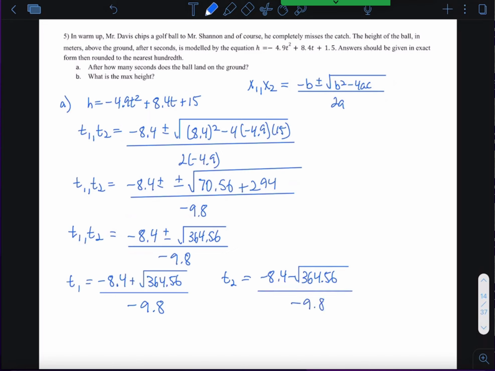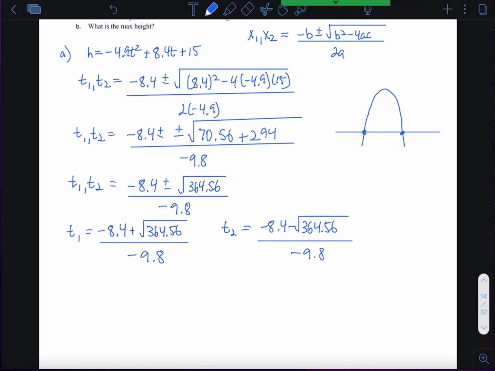So we know, maybe I'll draw it like this. We know that the parabola is going up and coming down. So one of these solutions is going to be the lower solution, one's going to be the higher one. So let's put this in our calculators. So we know that the square root here is 19.09345.